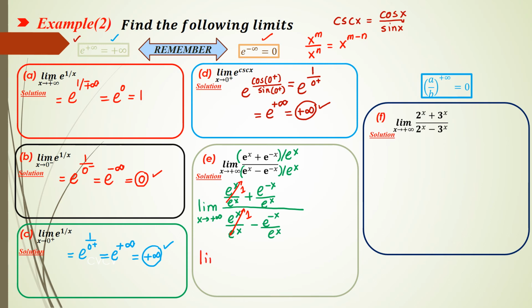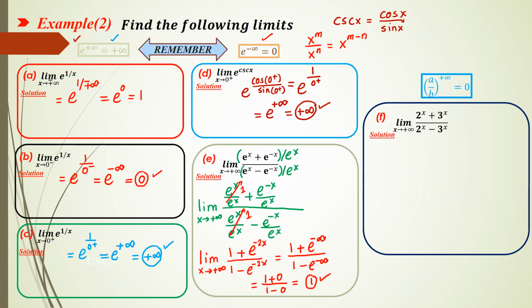So the limit will be 1 plus e to the power negative 2x divided by 1 minus e to the power negative 2x when x goes to positive infinity. Now by direct substitution you'll get 1 plus e to the negative infinity over 1 minus e to the negative infinity, and this equals 1 plus 0 divided by 1 minus 0, and the final answer equals 1.